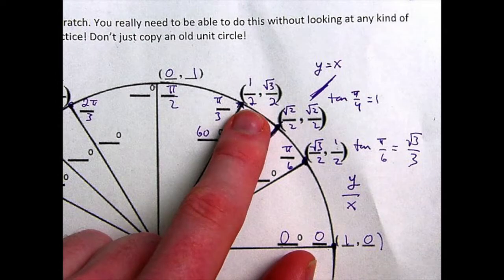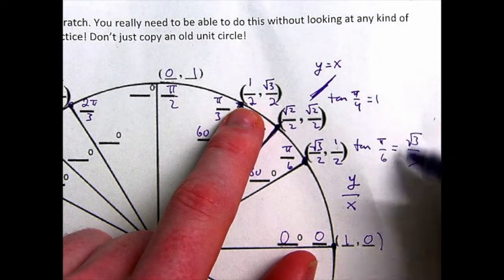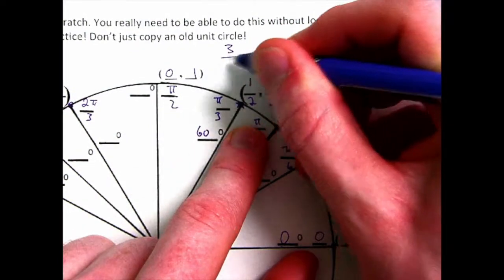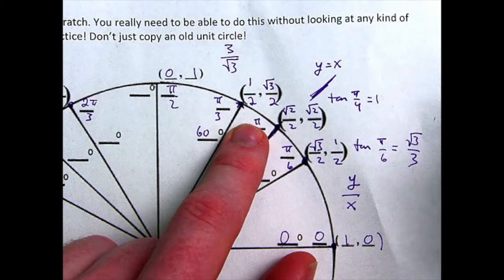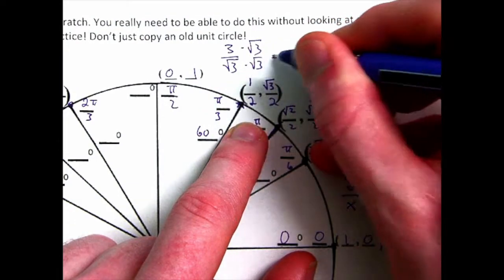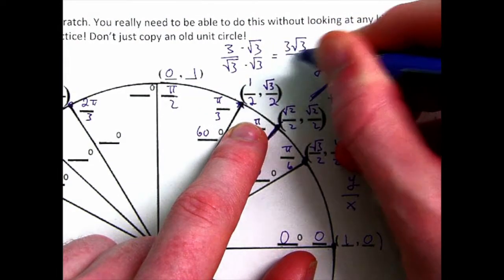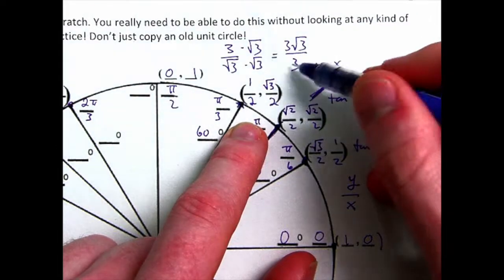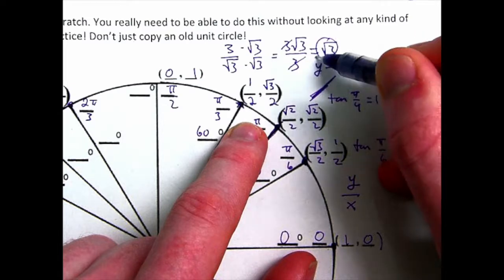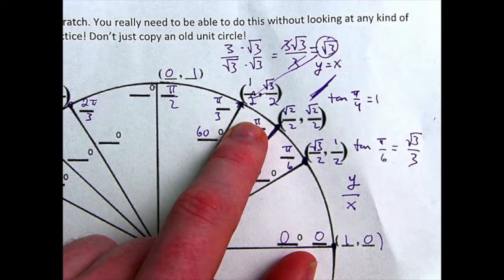So the tangent value of pi over 3 must be the reciprocal of root 3 over 3, so that's 3 over root 3. Of course, that can be rationalized. If you multiply top and bottom by root 3, then you get 3 root 3 over 3. But then this 3 cancels with this one, and you just get root 3. So the value of tangent here at pi over 3 is just root 3.